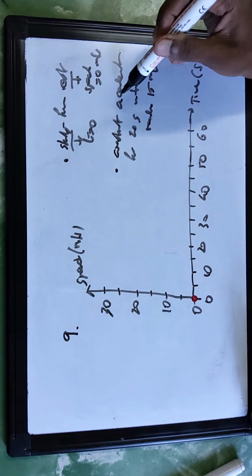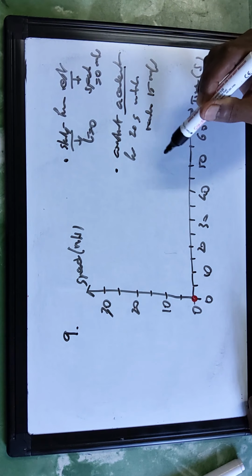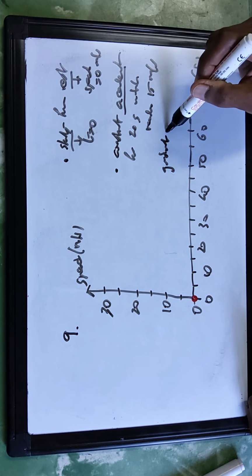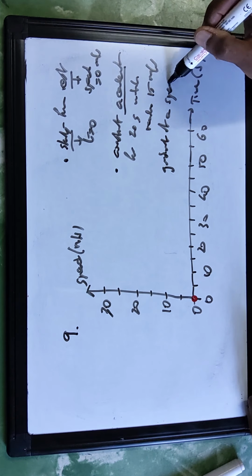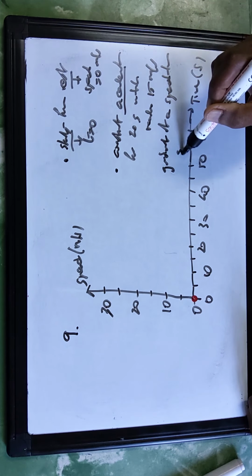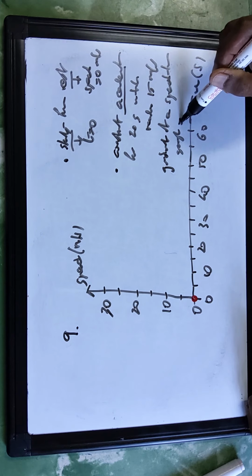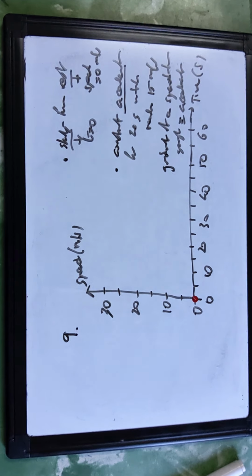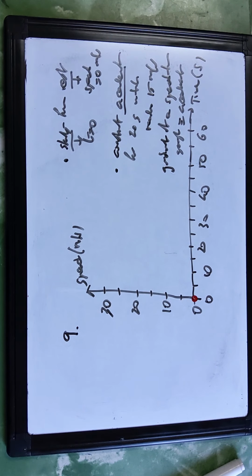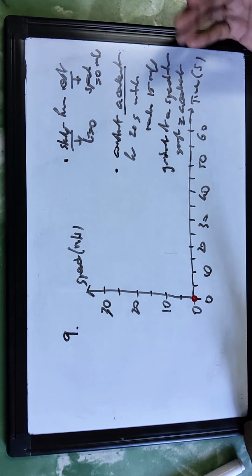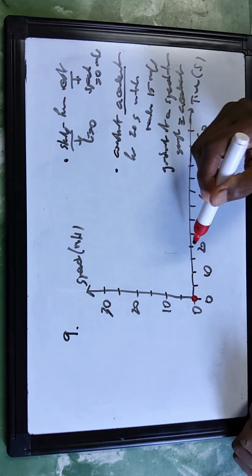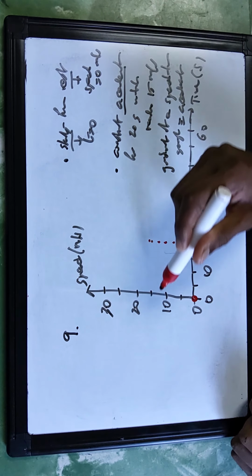So when we talk of acceleration, actually, we know the gradient of a speed time graph is equivalent to acceleration, that is increasing speed. Acceleration means the speed is increasing. So we need to find the gradient. So the gradient will give you the acceleration. So you've been told that after 20 seconds, the speed actually is 15.